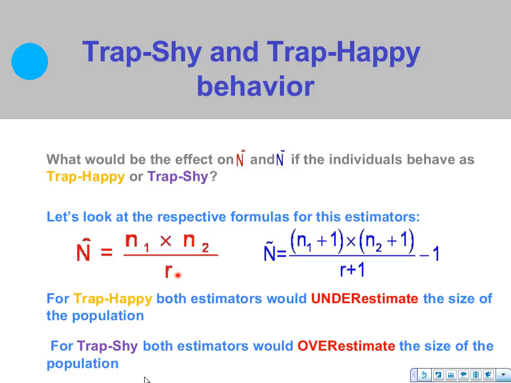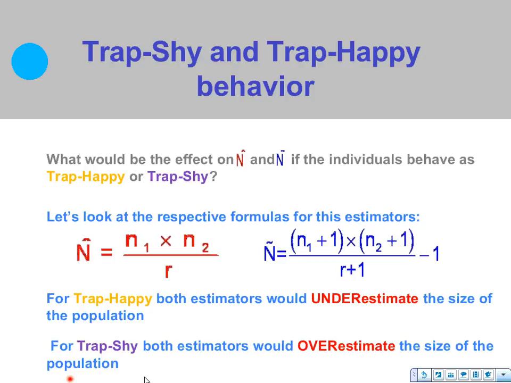So R is going to be larger than what it should be, and our N is going to be lower compared to the true population size. Is that okay? Thank you. And the trap-shy is exactly the opposite way. R is going to be smaller than what it should be, and what it makes is that N is going to increase if the individuals are trap-shy. Okay?